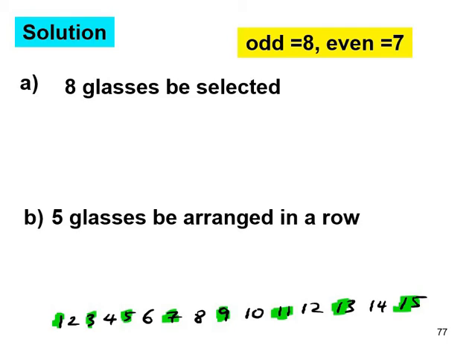So how many odd numbers do we have? 1, 2, 3, 4, 5, 6, 7 and 8. So we have 8 odd numbers, and for even numbers we have 1, 2, 3, 4, 5, 6 and 7. So we have 7 even numbers.